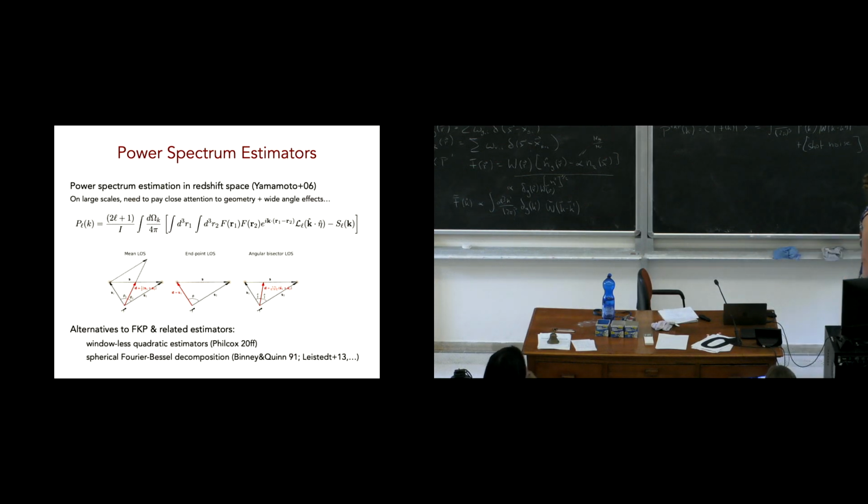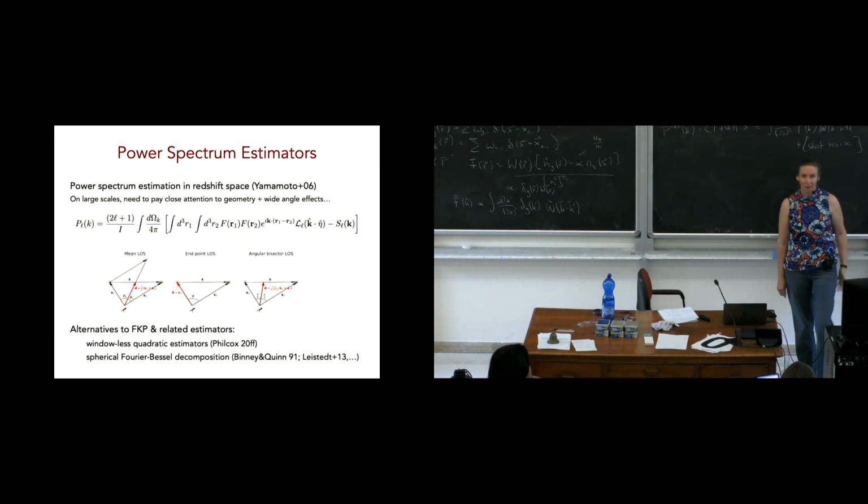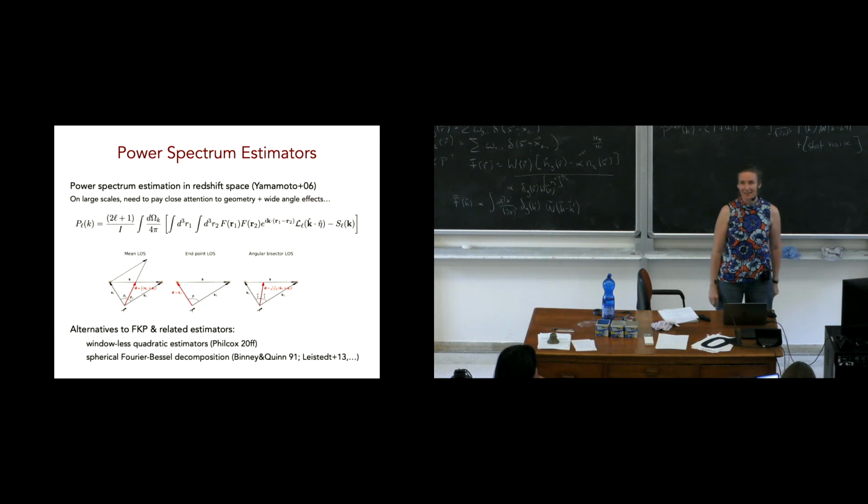Now, when we do this calculation, of course, we have to at some point choose a geometry and how we define distances. And there one can take different approaches for basically defining the line of sight. One could, for example, define a mean line of sight between the two galaxies, or one could choose one of the two sight lines as the line of sight, or use the angular bisector, where currently, in many cases, this endpoint line of sight is used quite commonly because it makes a lot of the integrals easier.